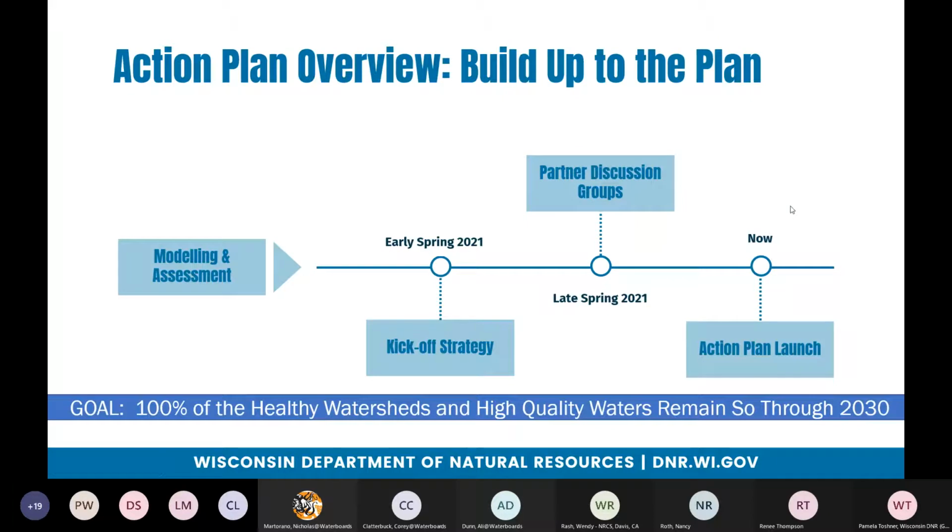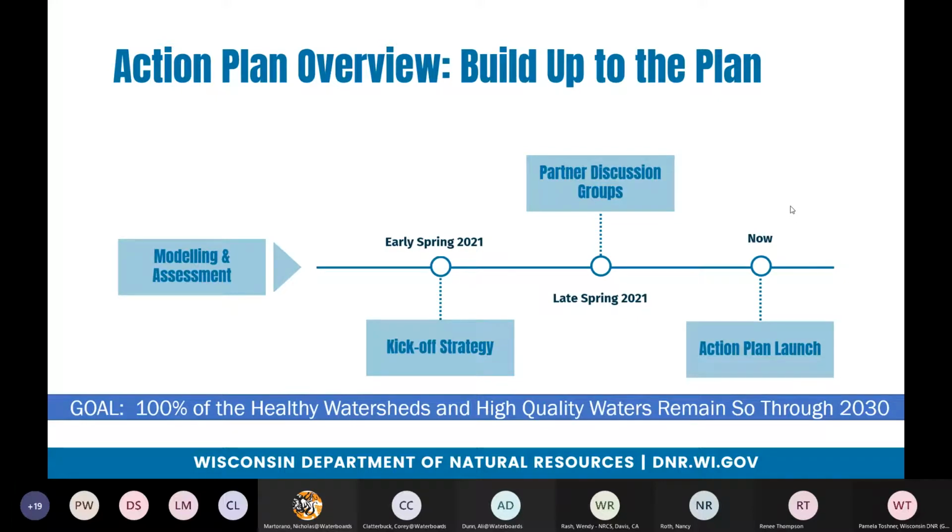Shifting gears to the action plan, I shared that we've been doing the modeling and assessment work basically since 2019. In spring of 2021, we drafted a kickoff strategy, which I'll share in a moment. And the kickoff strategy basically bridges to our internal strategic plan.